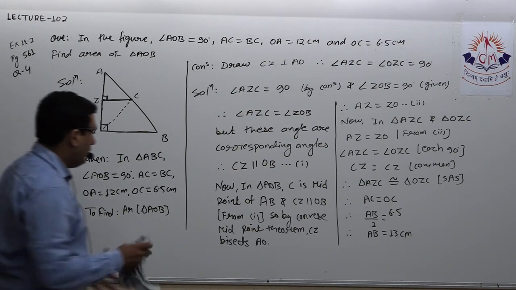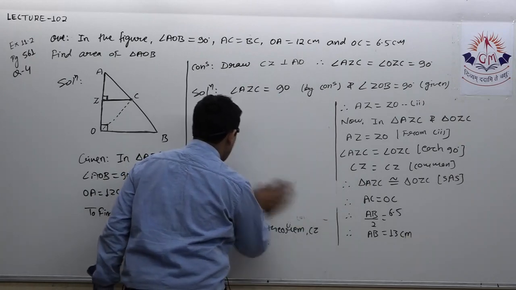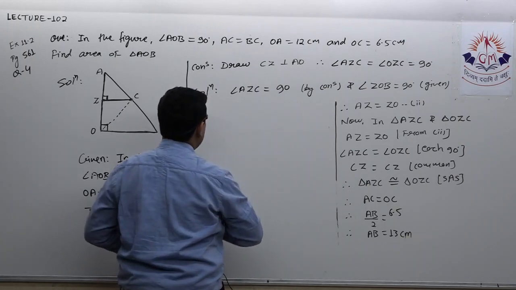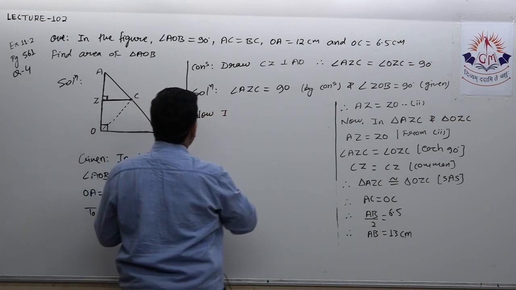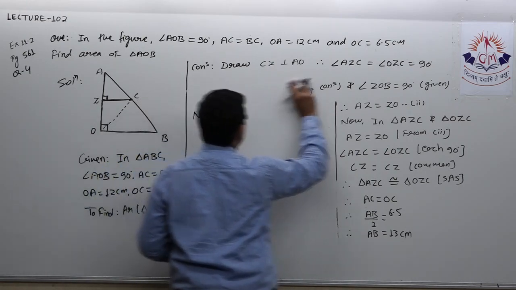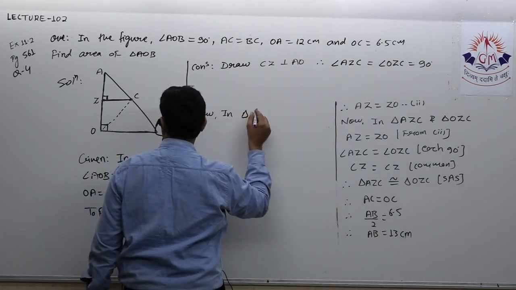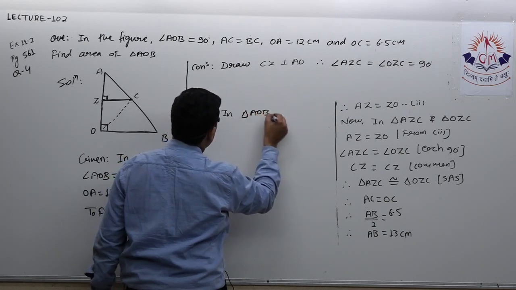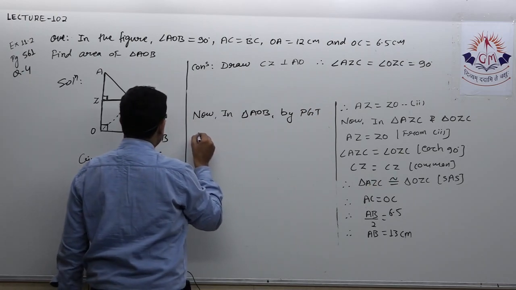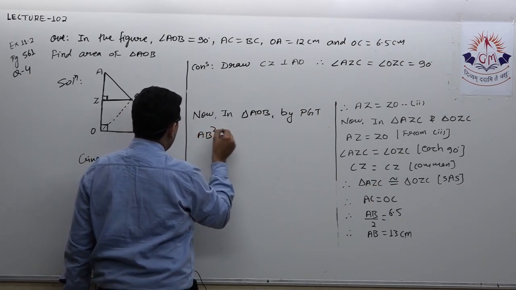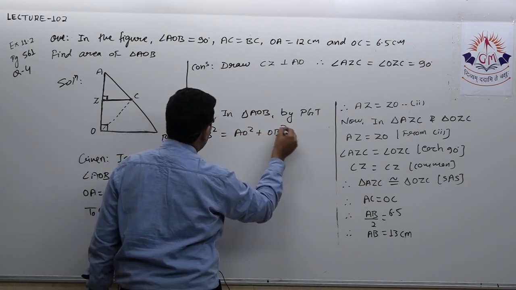Now in triangle AOB by Pythagoras theorem, AB square is equal to AO square plus OB square.